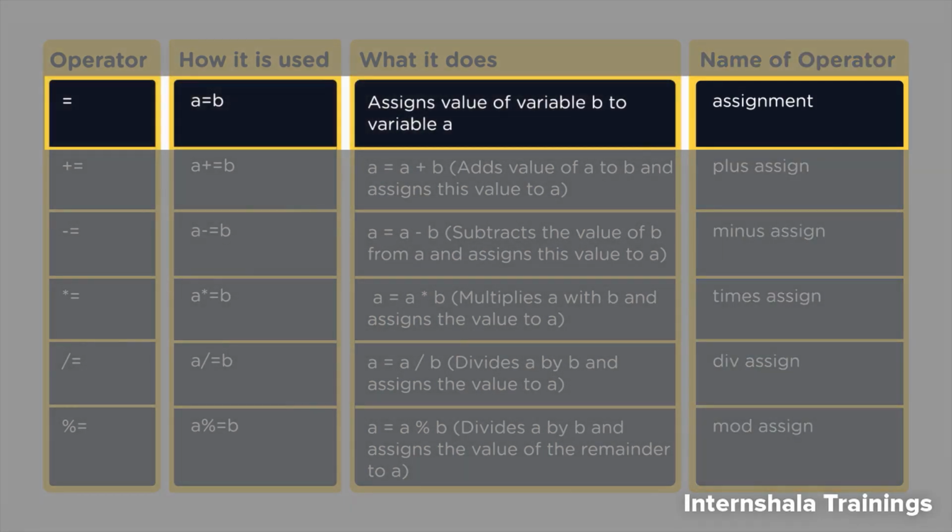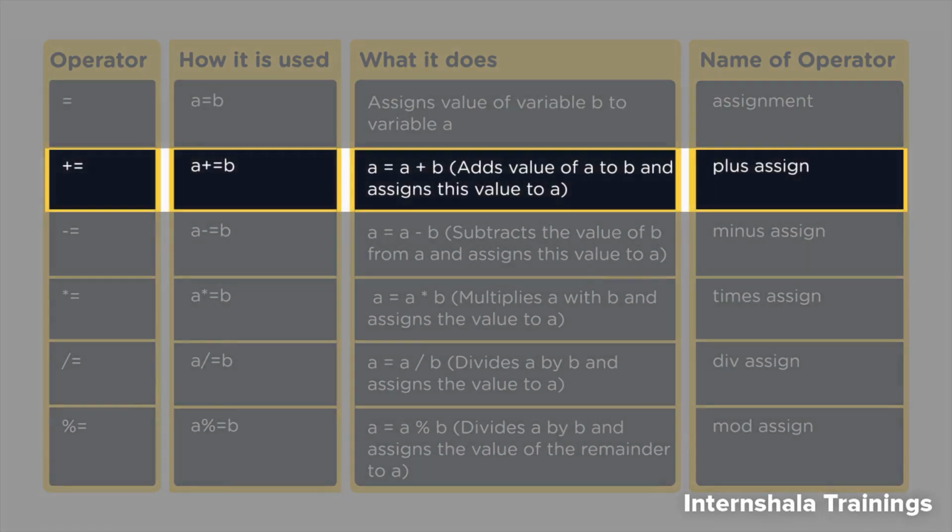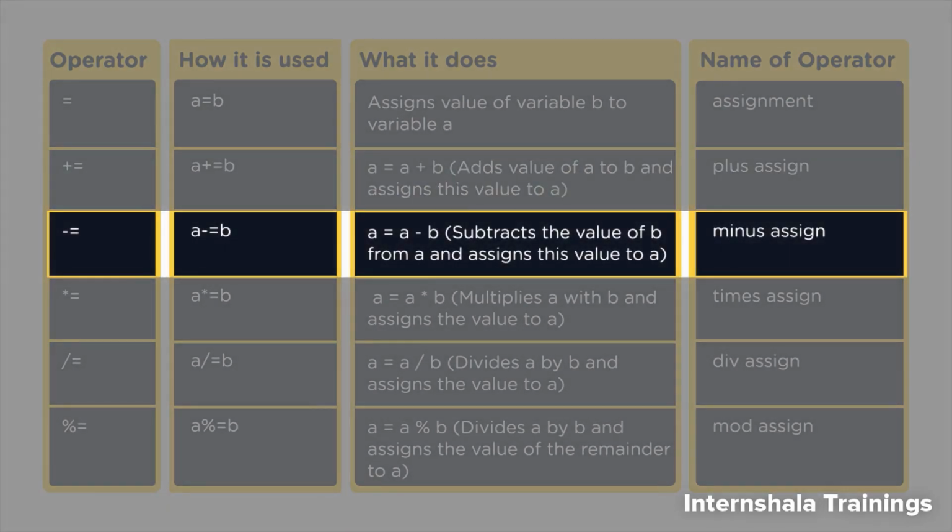So, this assignment operator assigns the value on the right-hand side to the variable on the left-hand side. The plus assign operator adds the value of a to b, and then this value is stored in variable a. The minus assign operator subtracts the value of b from the value of a, and the resultant is stored in variable a.